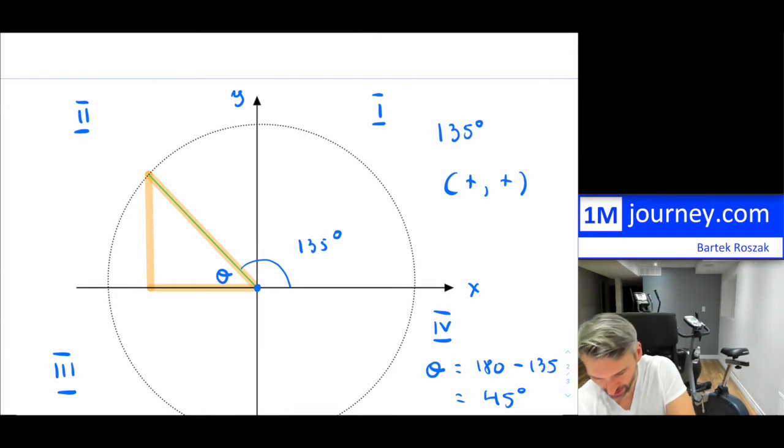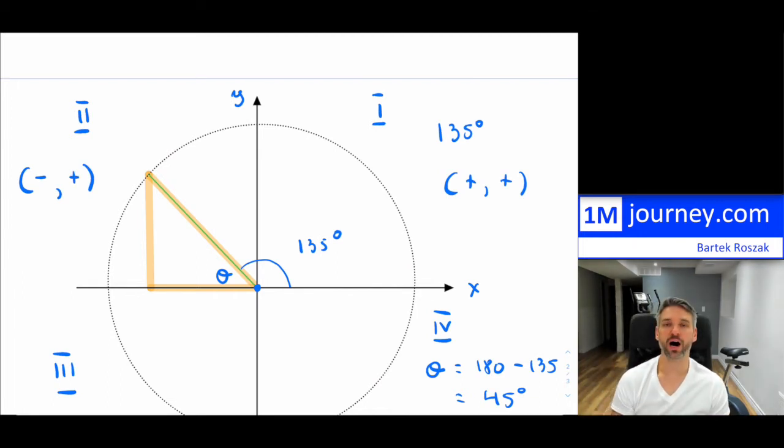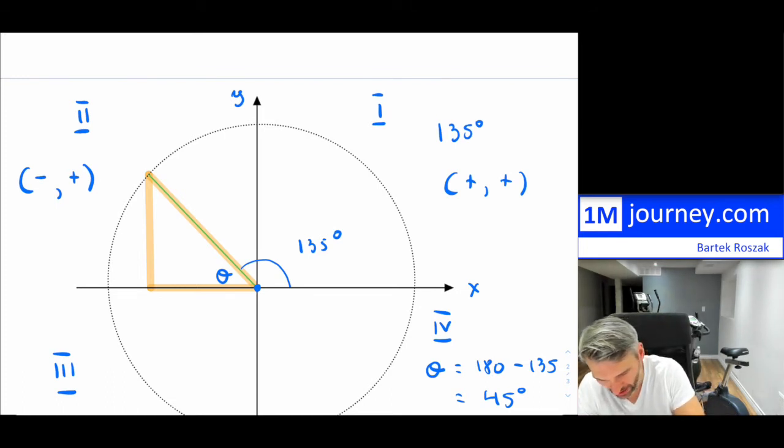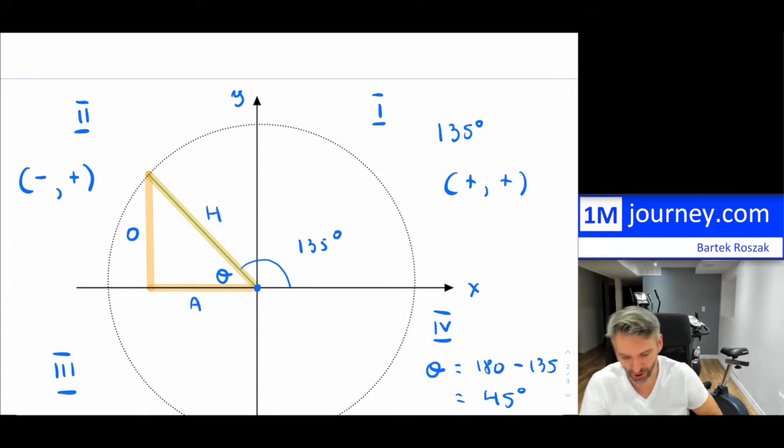Now in the second quadrant, the x is negative and the y is positive. So the height is positive. So in this case, this is now my opposite, this is now my adjacent, this is my hypotenuse.